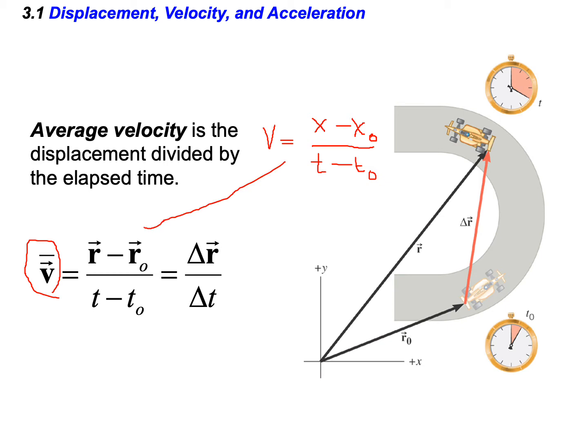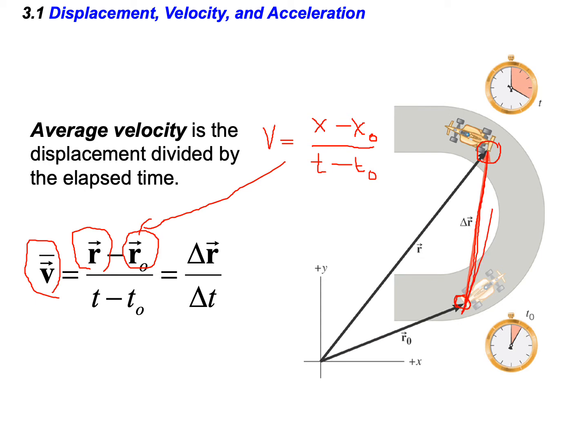Similarly, we can write the position change along the xy plane. r is your final position, which is this location, and your initial position in the xy plane is this. So r minus r naught is delta r.